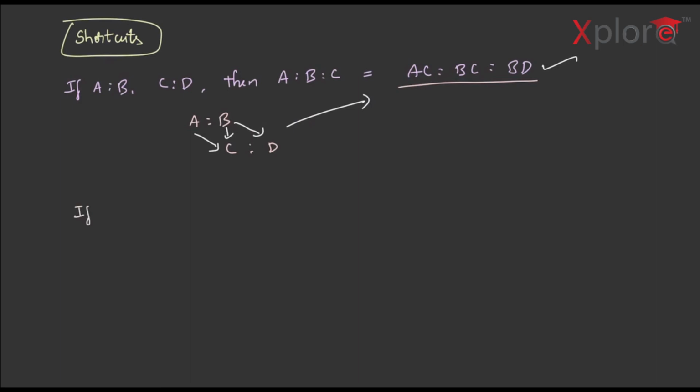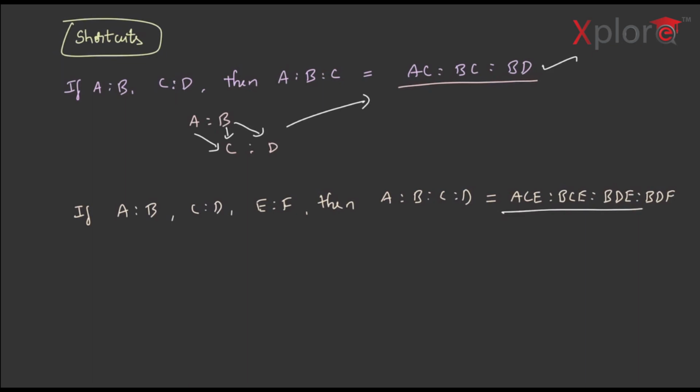In another case, let's say there are three ratios given, A is to B, C is to D and E is to F. Then A is to B is to C is to D will be ACE is to BCE is to BDE is to BDF. This might be a bit confusing. Let's understand it through a trick.